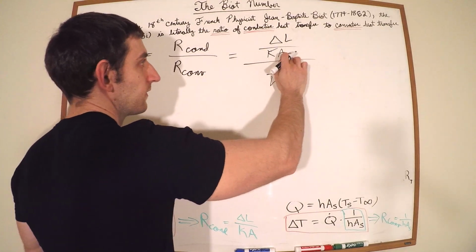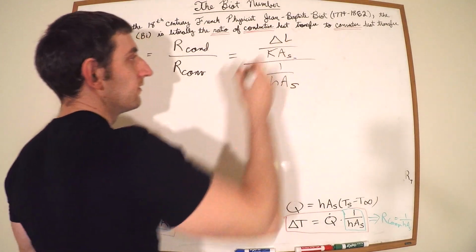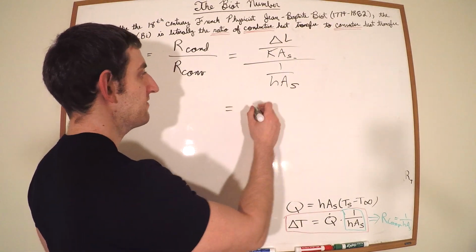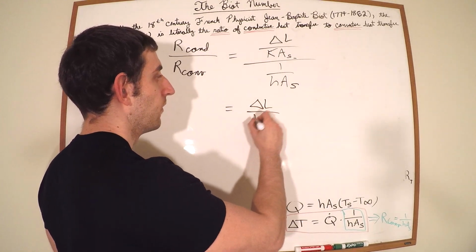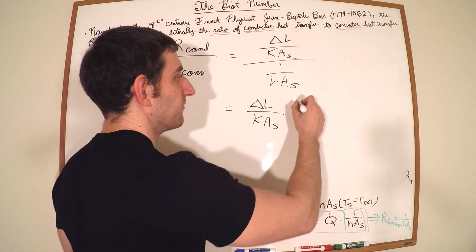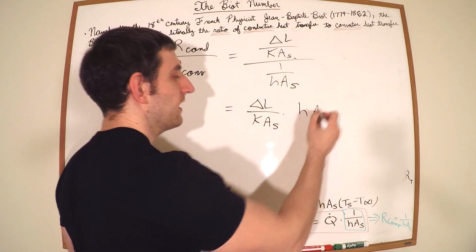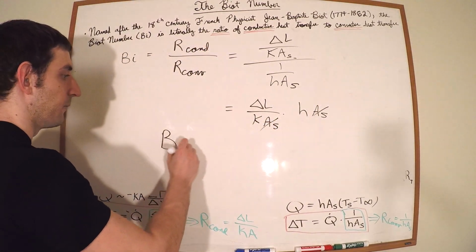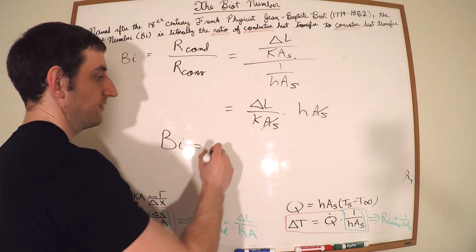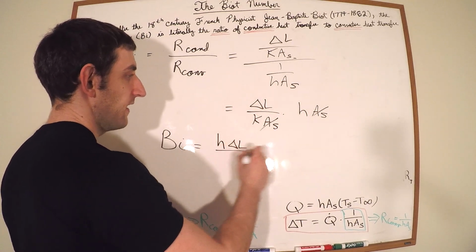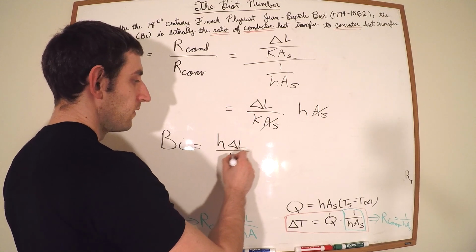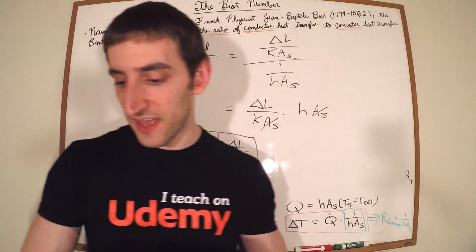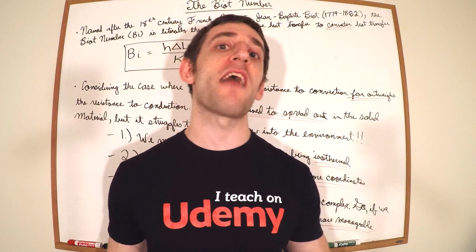I'll put an S here too, just to be consistent, the surface area. So we basically get delta L over kAs times hAs. We cancel the area, and we find that the Biot number is defined as h delta L over k. That is the Biot number in a nutshell. So we just finished deriving the Biot number.